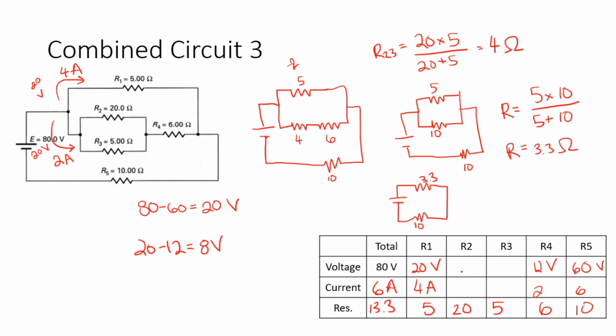And R2 will get 8 volts, and R3 will get 8 volts. And then 8 divided by 20, 0.4 amps, and 8 divided by 5, 1.6 amps, and guess what? 0.4 plus 1.6 equals 2.